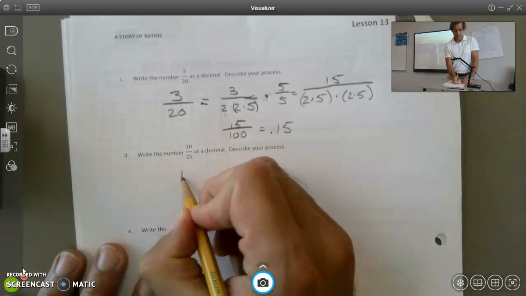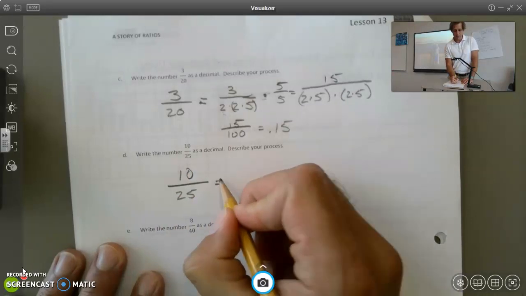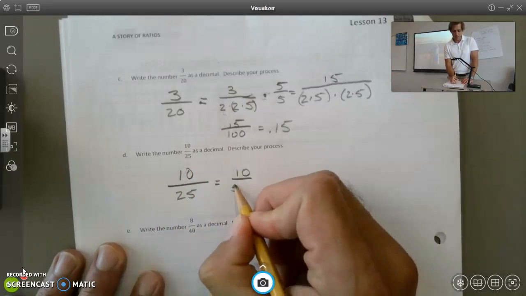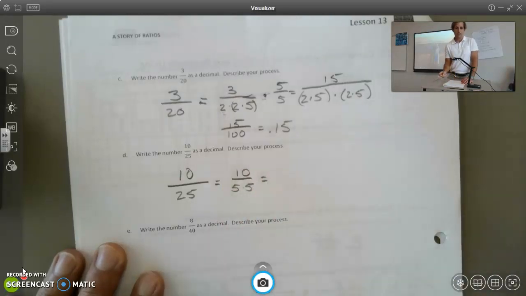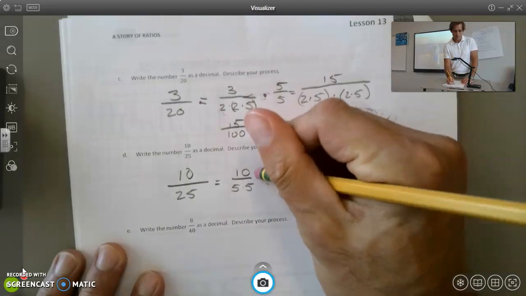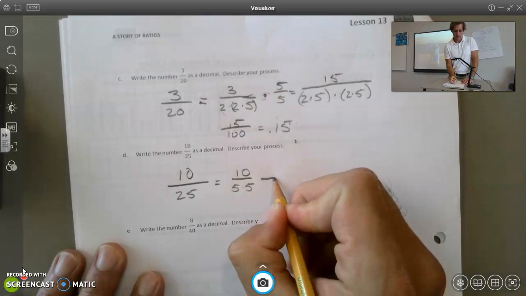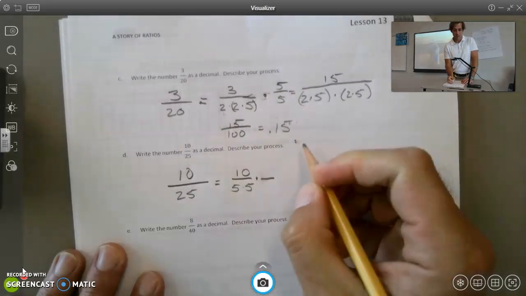Here's another example. 10 over 25. Well, that's equal to 10 over 5 times 5. If I want to create powers of 10 in that denominator, to get one set of 10, I would multiply by 2, and to get another set of 10, I'd multiply by another 2.